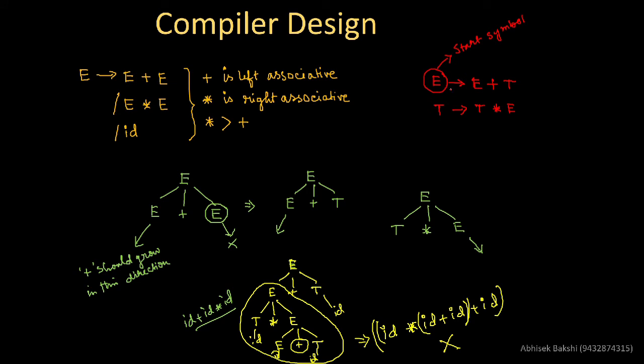So my parse tree will start from E, and I can basically explode it as E to E plus T, and then only we can explode this T side. And because of this T, if we explode T, the star will come and the star will be at the higher level. So naturally, the star will be acted on first.